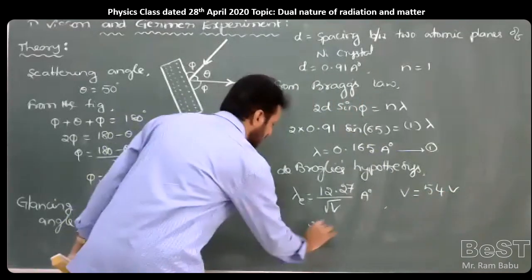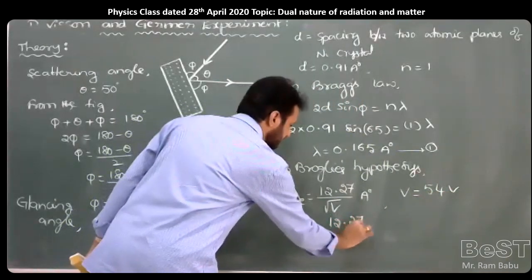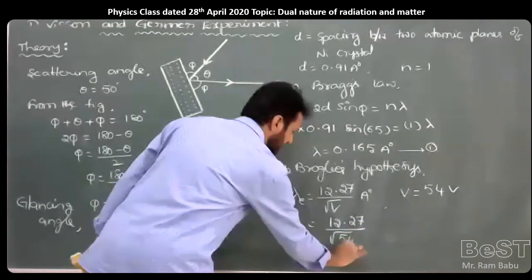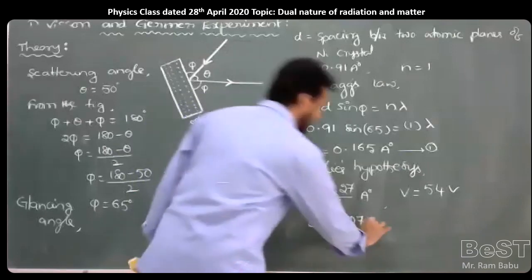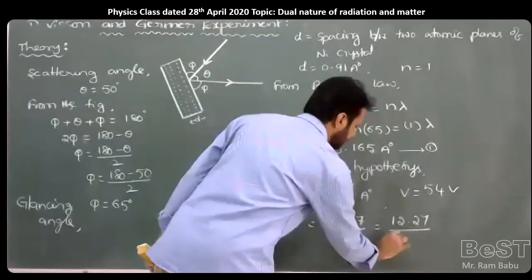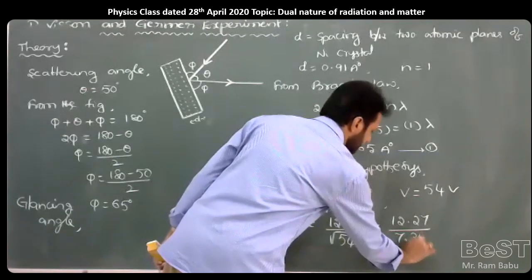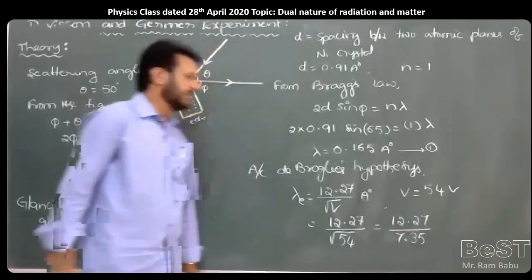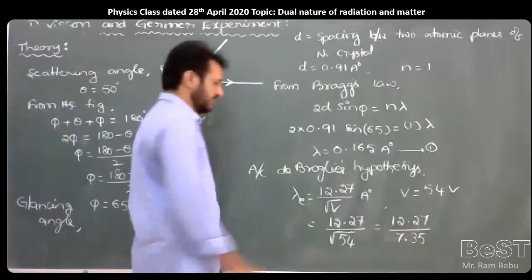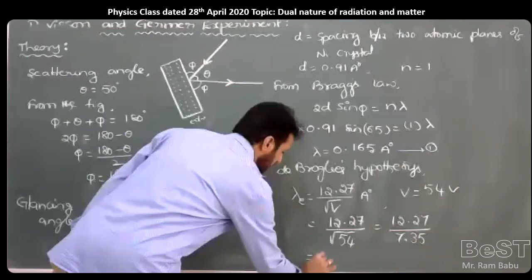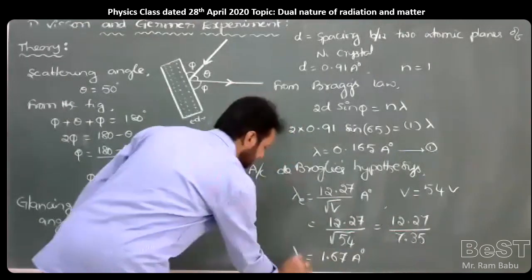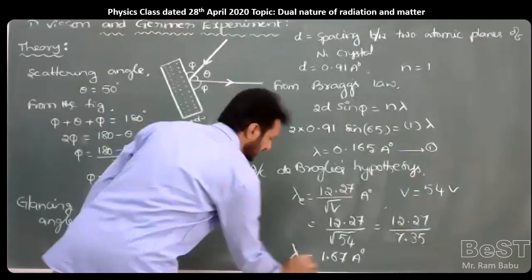Now check here, 12.27 by root 54. Root 54 value is approximately 7.35. Now divide 12.27 by 7.35, which is 1.67 angstrom. Lambda is equal to 1.67 angstrom.